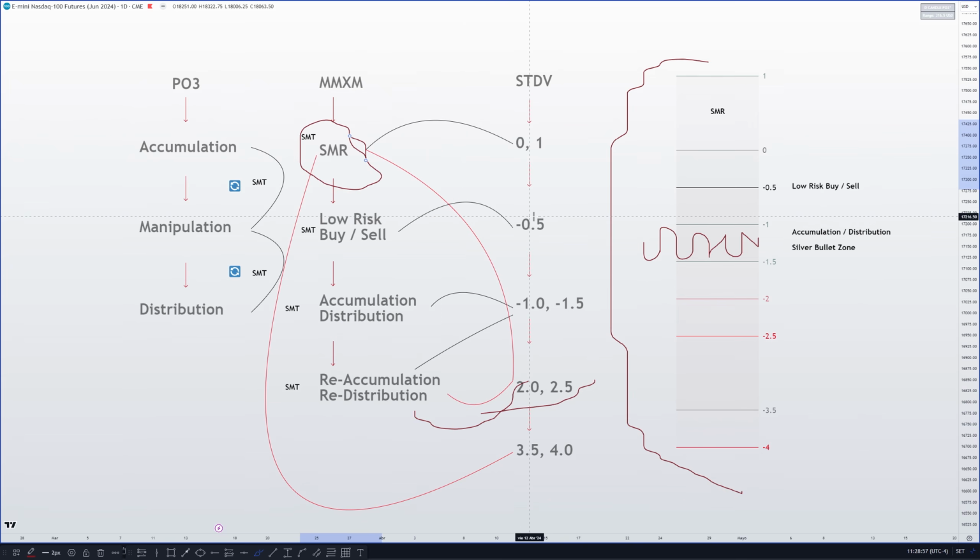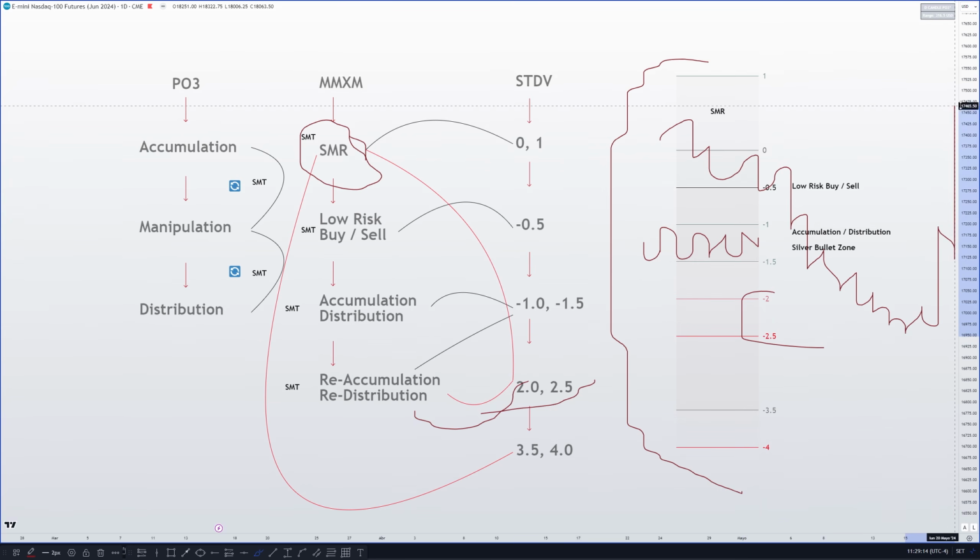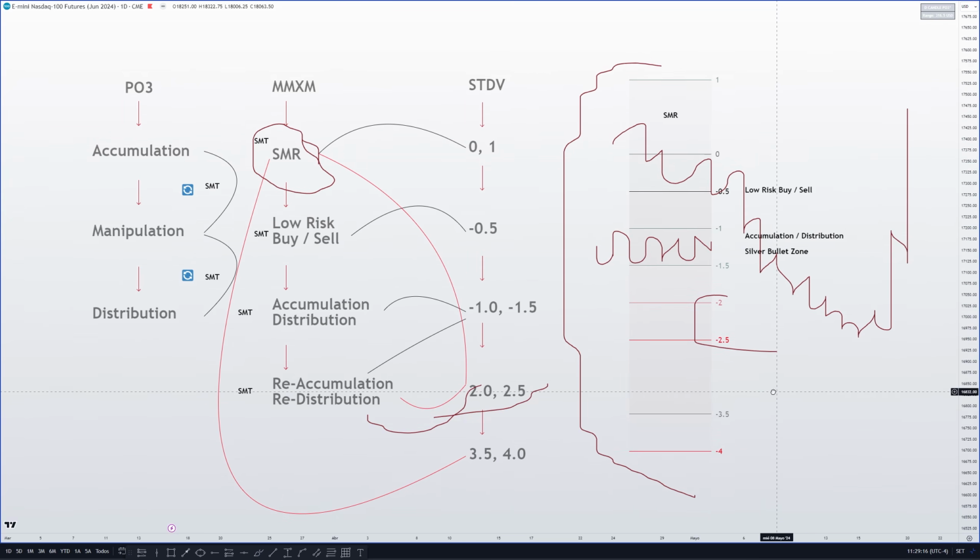If you are in one market maker sell model here, in the bearish move, in the 2 and 2.5 deviations, if price has one PDRA here, price is bullish, you can find here the beginning for the smart money reversal for the market maker buy model, here in the 2 and 2.5 deviations.